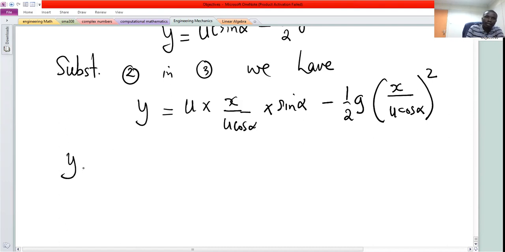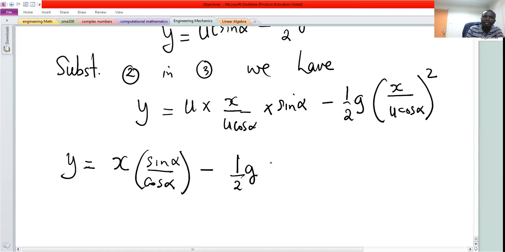Now this times this one here will give us this, and the u cancels out. So we'll have x, sine of alpha over cos of alpha, minus a half g x squared over u squared cos squared alpha, because this square is affecting everything here.